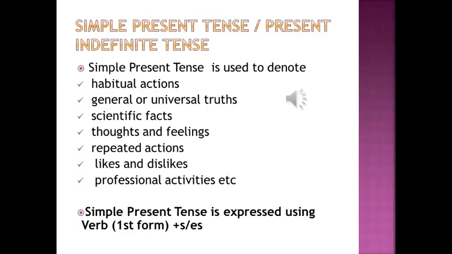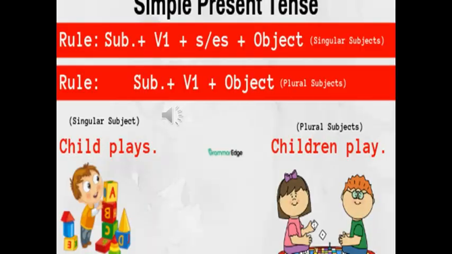Now let us know about the rule of simple present tense. Simple present tense is expressed using first form of the verb plus s or es. Let us know about the rule of simple present tense in detail. Here you can see the chart of the rules of simple present tense.